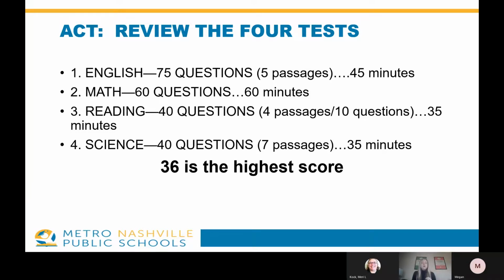Reading has 40 questions, and that breaks down to 4 passages with 10 questions each, and you have 35 minutes to do that. Science has 40 questions with 7 passages, and you have 35 minutes to do that. And of course, the highest you can get on the ACT is a 36, and each of the sections you can get 36, and then you get an average to get your score.